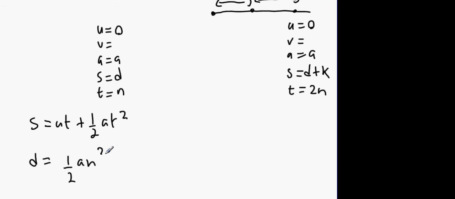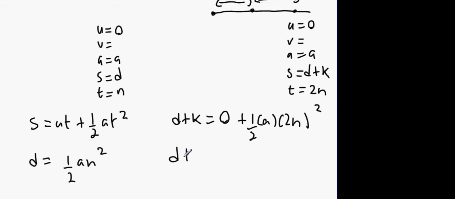The next one's going to be d plus k. d plus k is equal to 0 plus a half a times 2n squared. Therefore, d plus k equals 2an squared.